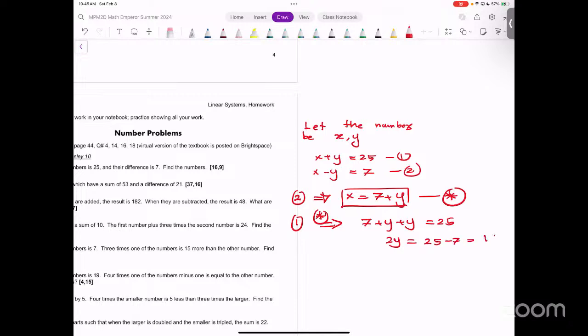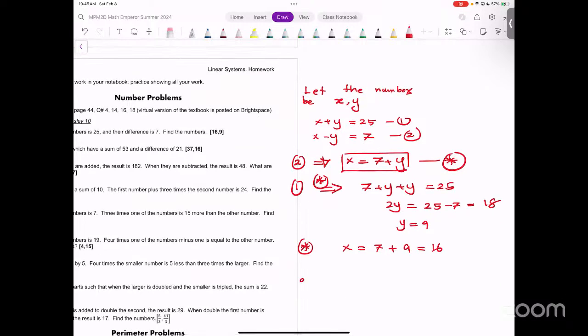It's 18. So y is equal to 9. From star, x must be 7 plus 9, 16. You have to check it, but you have to conclude, therefore the numbers are 16 and 9.